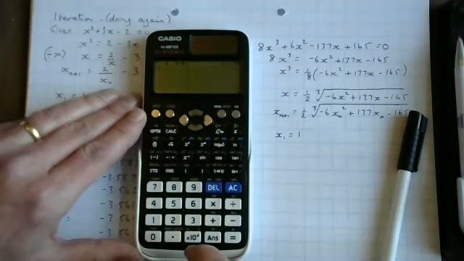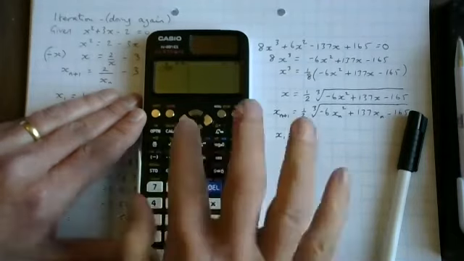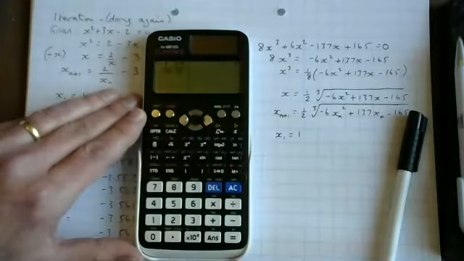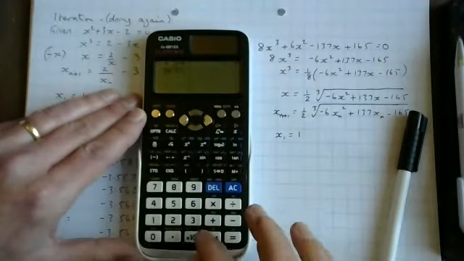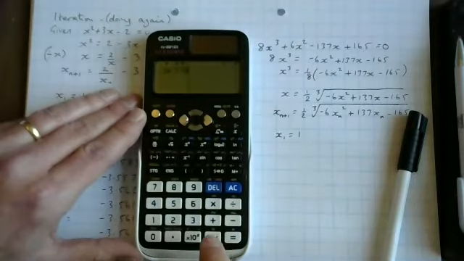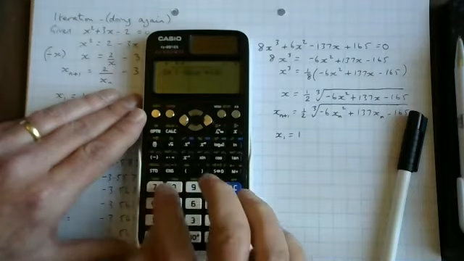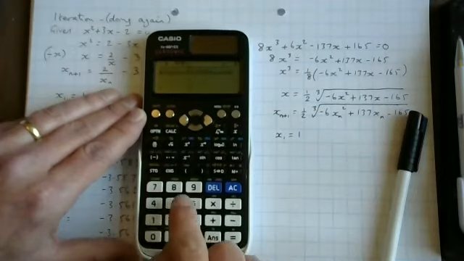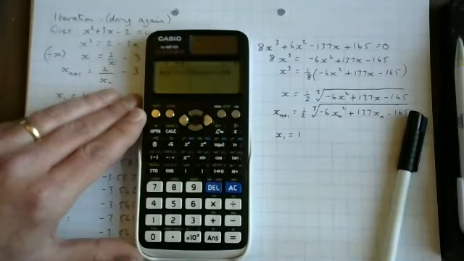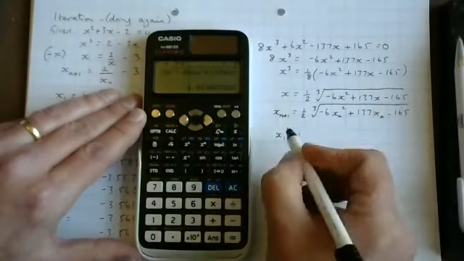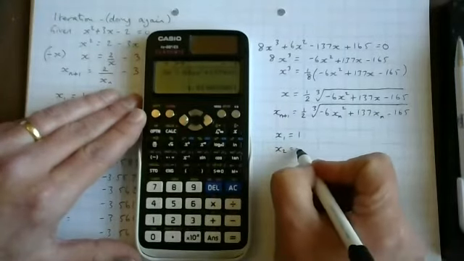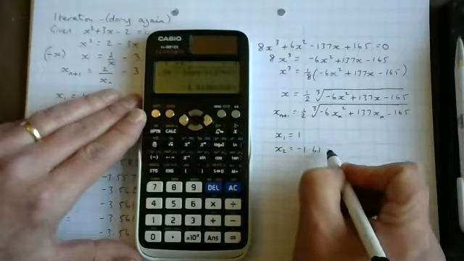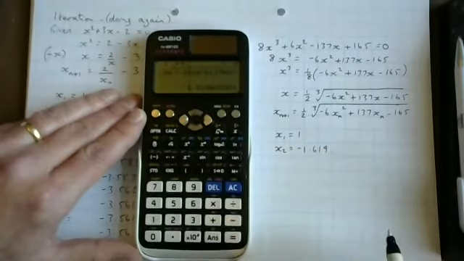My formula is 0.5 times the cube root, shift cube root, of -6 answer squared plus 137 times answer minus 165, equals. So x2 is -1.619 and repeat.